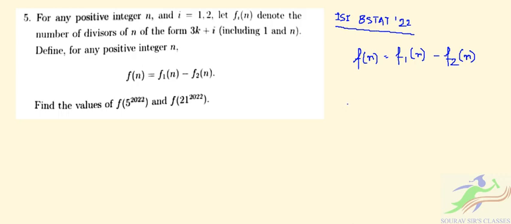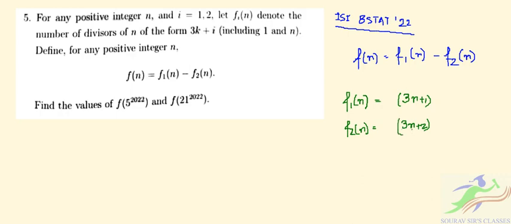So we have f1(n) of the form 3n plus 1 and f2(n) of the form 3n plus 2.